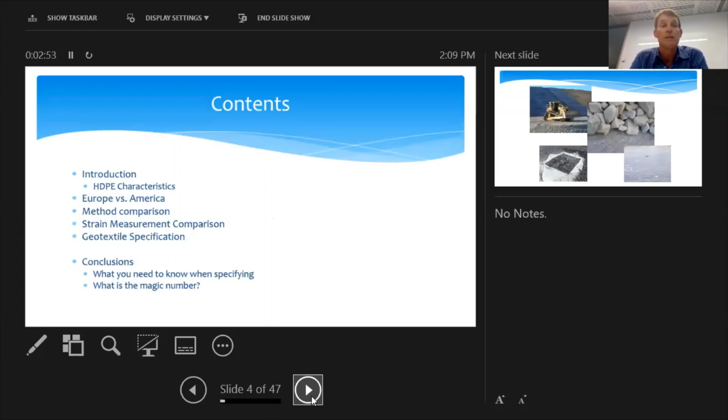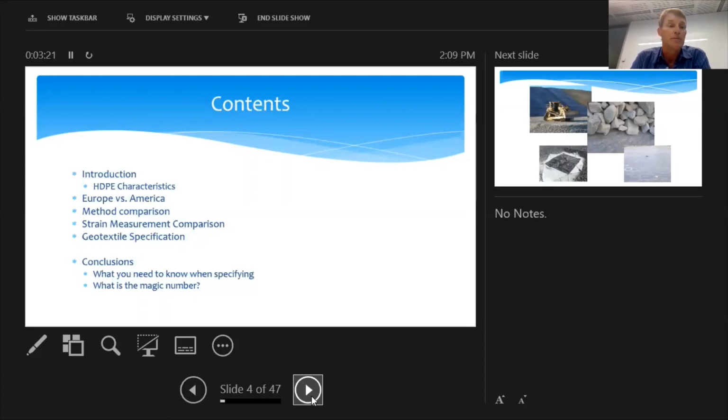We'll go into a lot of detail in terms of method comparisons, so that when you're doing a design, the results that you get are very much related to the test method that you've used. So if you use different test methods, you will get different answers. And it's really important for the designers out there to understand when they get a strain measurement exactly what that means.